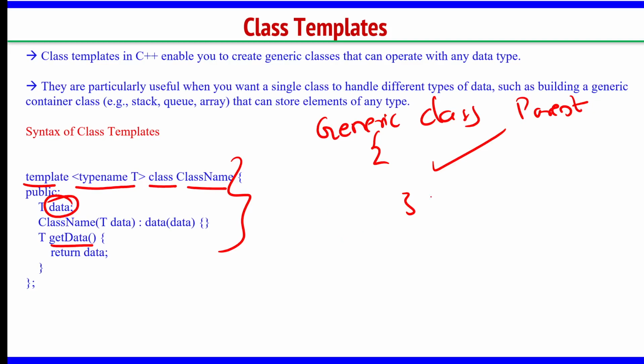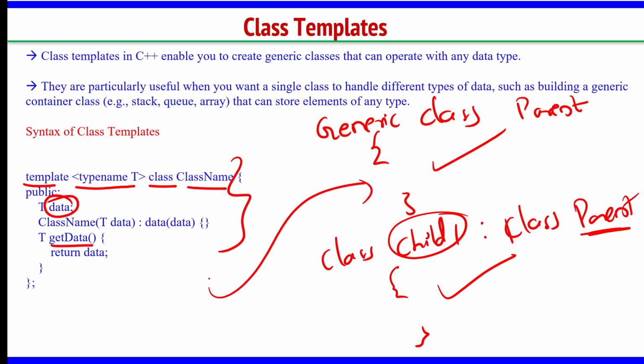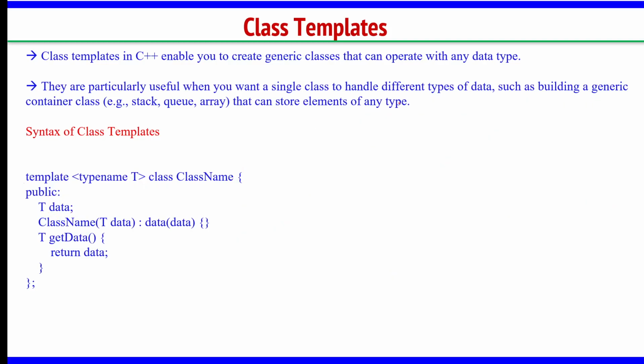Okay. Now, when you want to derive class, how will you write? You will write class child1 colon class parent, you give like this. Okay. So, this parent is a generic class. So, this child1 can play with all integer data, child2 can play with all floating point data, like that you can even do inheritance also.